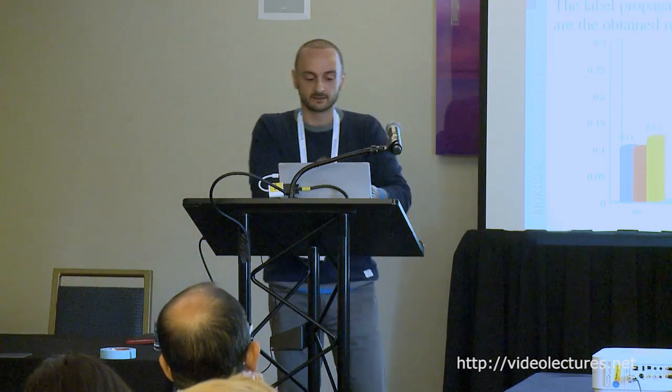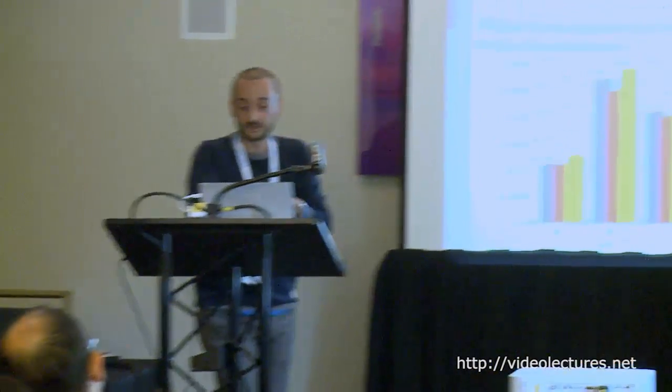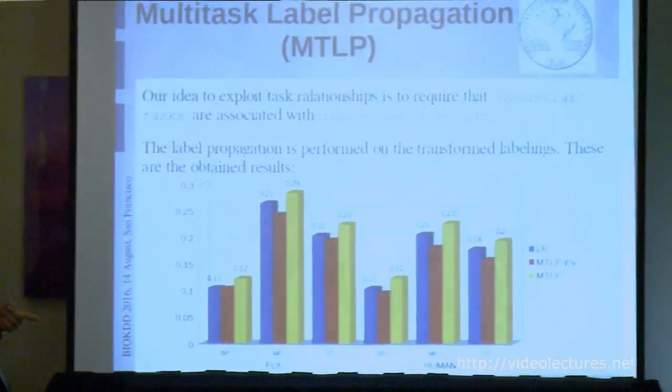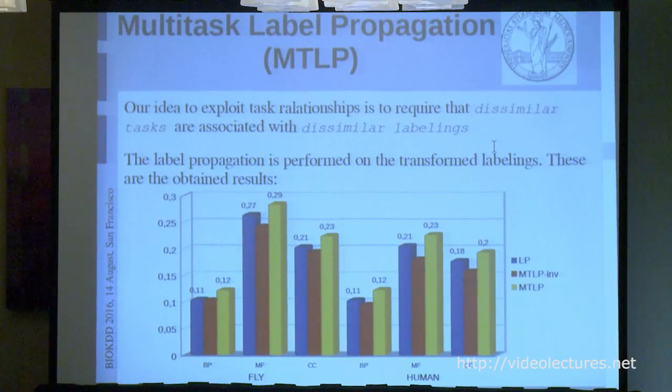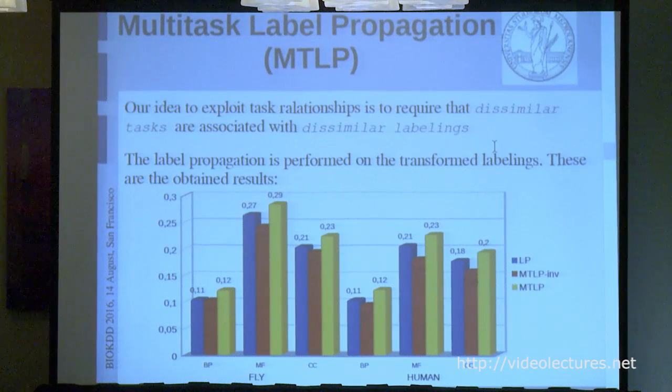Here I report the average result we got by comparing the base learner LP, our method, that is the yellow one, that we called MTLP, multitask label propagation, and the previous approach that I showed, MTLP INV. And as you can see, the red bar, that is the usual multitask approach that I described in the previous slides, is always the lowest performance.